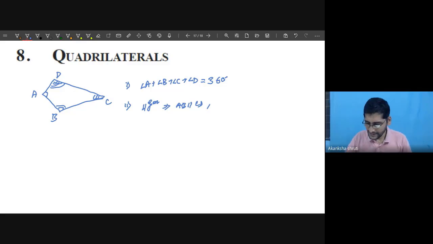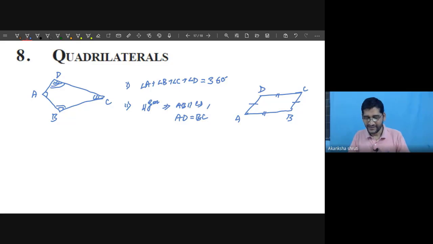For the parallelogram, student, the opposite pairs of sides are equal and parallel. AB and CD, so AB equals CD, and the other side BC equals AD. Equal and parallel, both conditions are required.